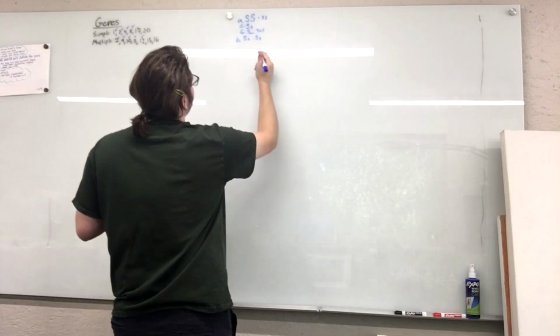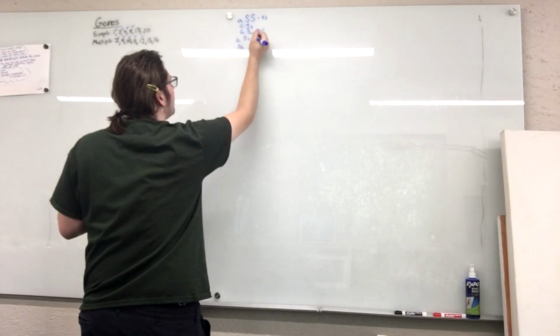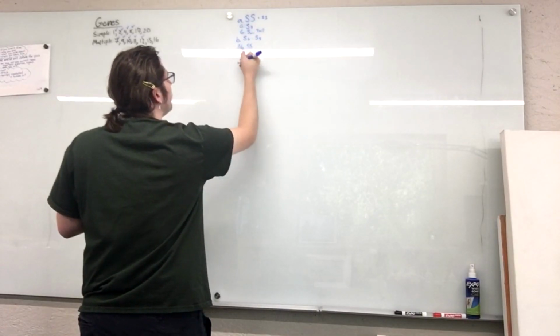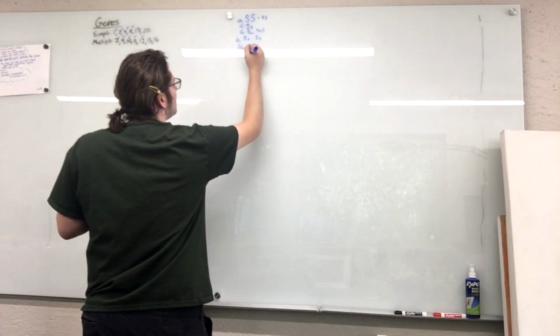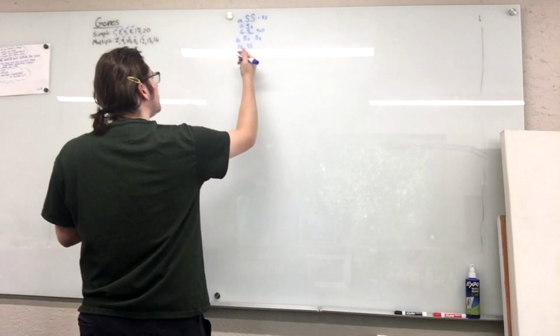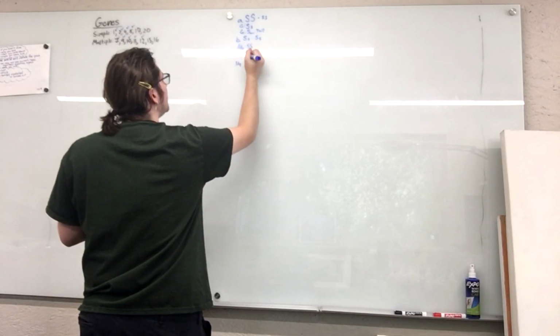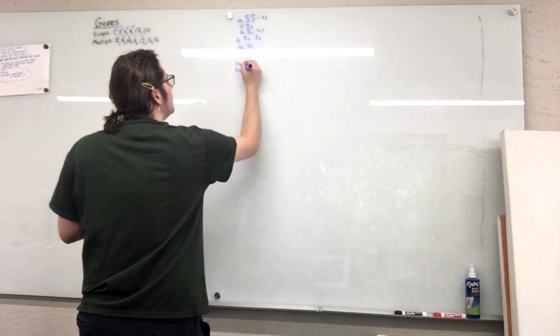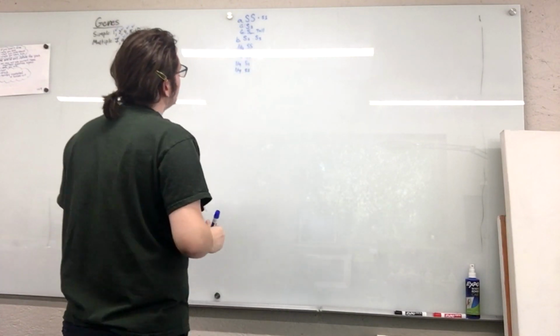So this would be 1 over 4 would be big S big S, 1 over 4 would be big S, little s, and then the next one would be 1 over 4 being big S, little s, and the last one would be 1 over 4 with homozygous recessive.